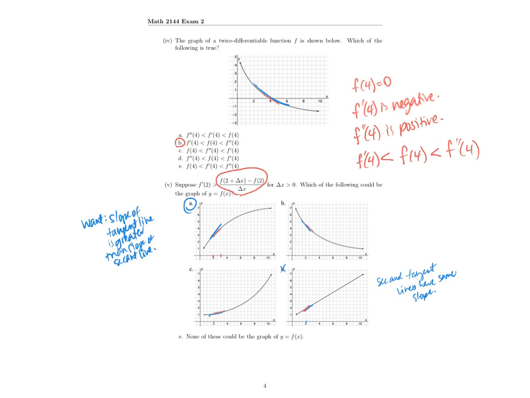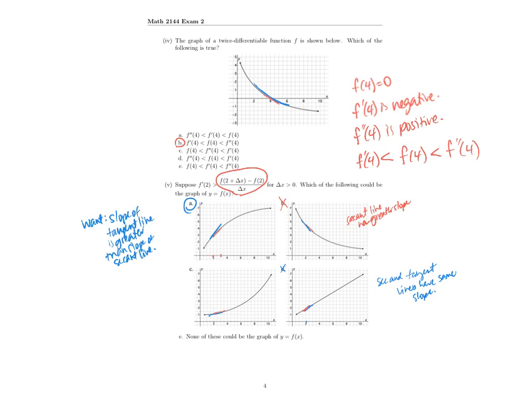Let's see if B works. The slope of the secant line is less steep, so the tangent line is greater. Hmm, actually the secant line has greater slope, so it's not B. Now, with this one, the secant line is less steep, but it's negative.